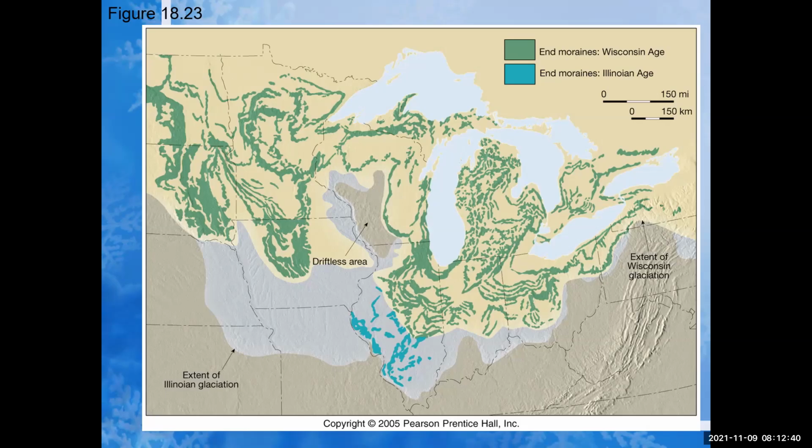Our Great Lakes are the result of the movement of this ice, and surrounding those lakes are huge deposits of sediment left in the wake of the glaciers that moved through this area.